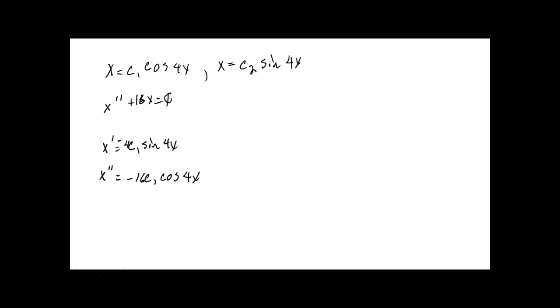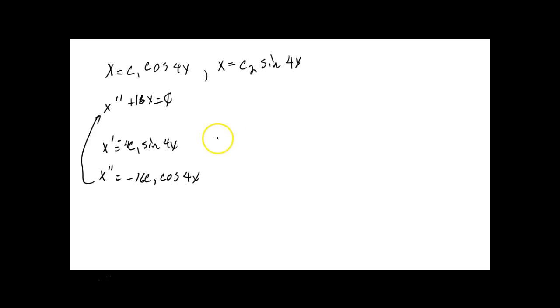Negative 16 c1 cosine 4x. Now you can plug this back into the equation: negative 16 c1 cosine 4x plus 16 times c1 cosine 4x from your definition of x, sure enough, those two terms add to 0.